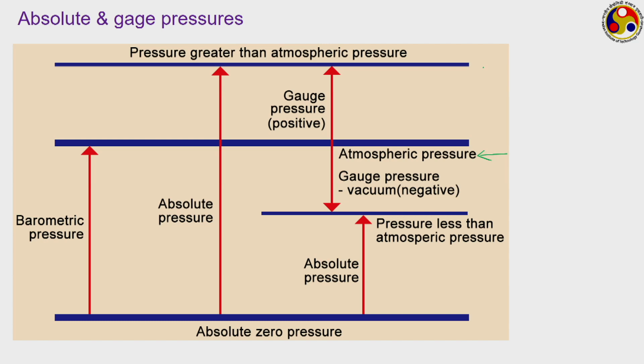Now, if this is the point where we want to measure the pressure, then we can do it in two ways. One, we can define the pressure at this particular point with respect to the atmospheric pressure, or we can define it with respect to a reference where the absolute pressure is truly 0.